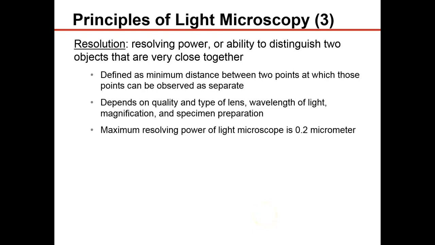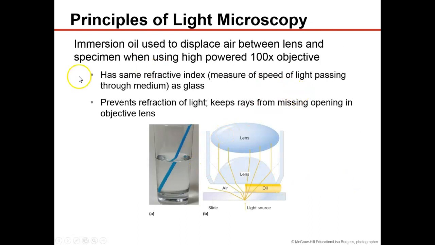Resolution is the ability to distinguish 2 objects that are very close together as separate. The resolution depends on the type of lens that you're looking at, as well as the magnification and the light waves. The typical resolution of a light microscope is about 0.2 micrometers. We can increase resolution by using immersion oil.